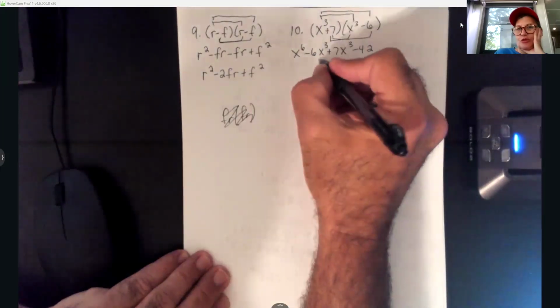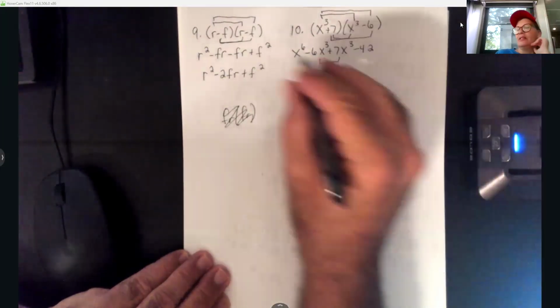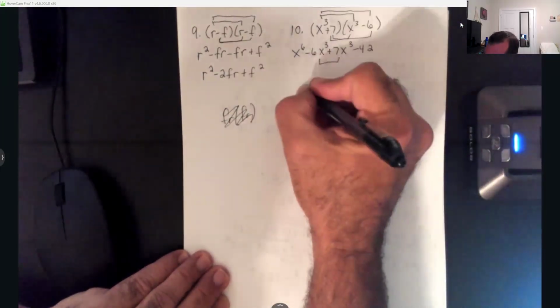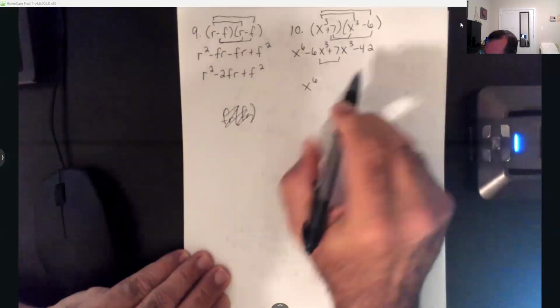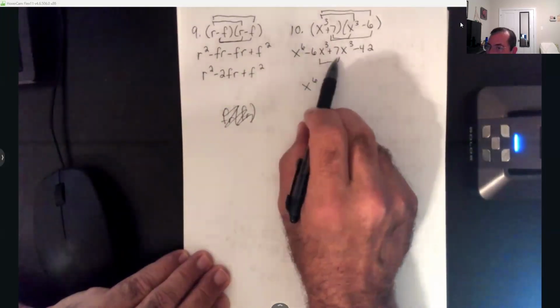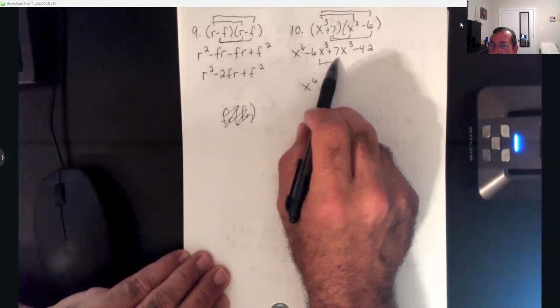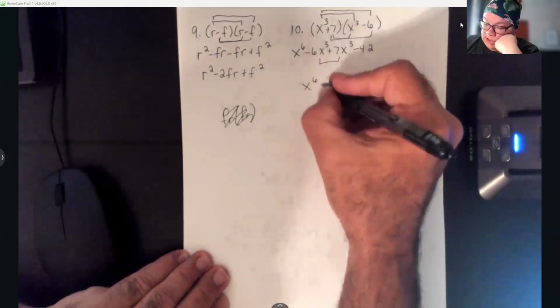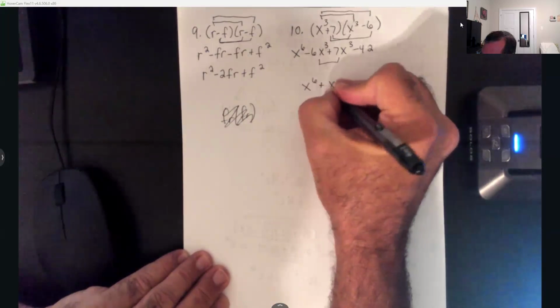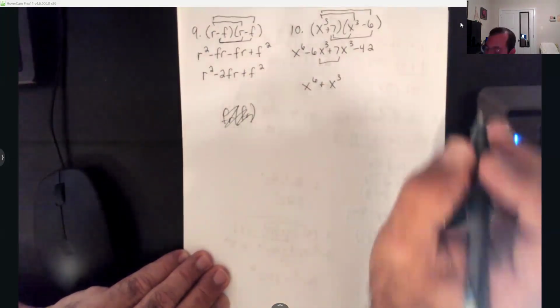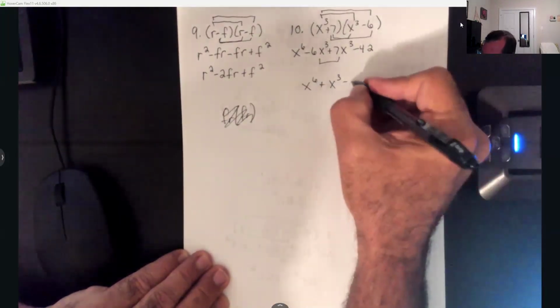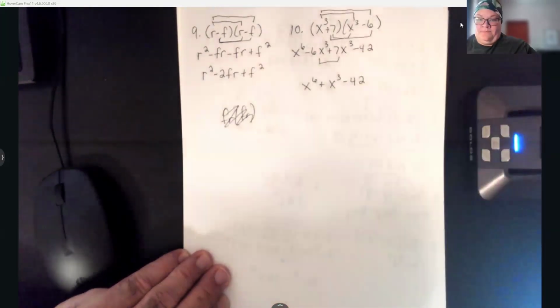Now you got like terms on that. So bring down your x to the 6. We've got negative 6 and a positive 7, so a 1. x^3, and then minus 42.